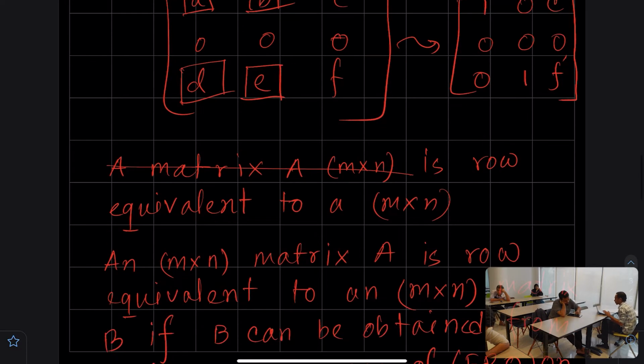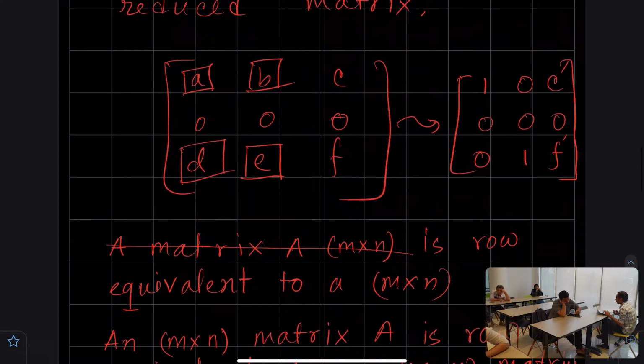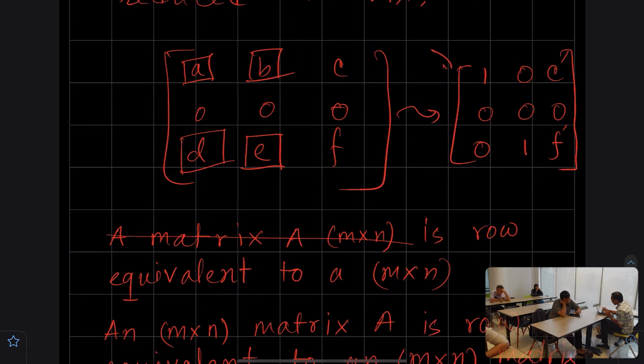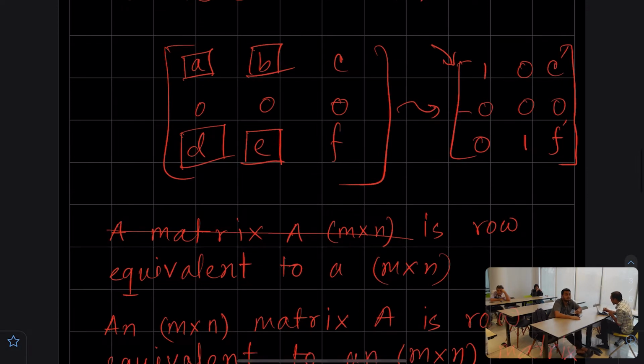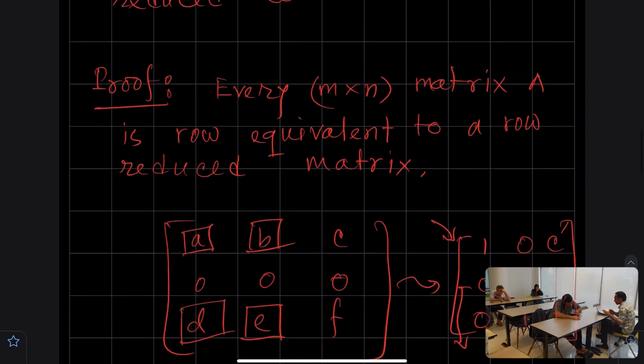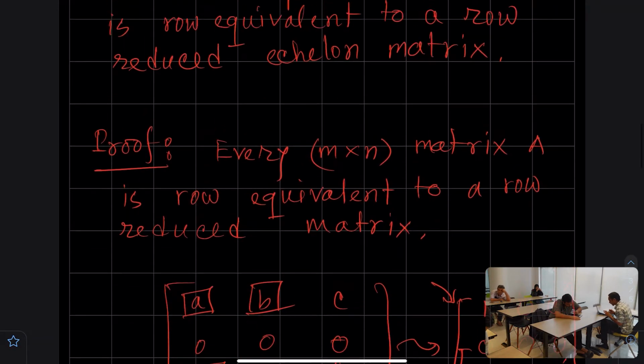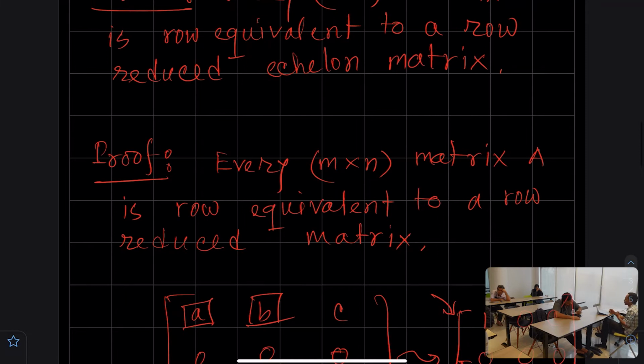Now what needs to be done in this matrix to make it a row reduced echelon matrix? I can apply the third type of ERO and bring this zero row to the bottom of the matrix, making it a row reduced echelon matrix. So the theorem says that every M cross N matrix A is row equivalent to a row reduced echelon matrix.